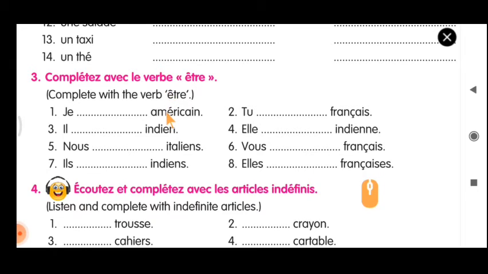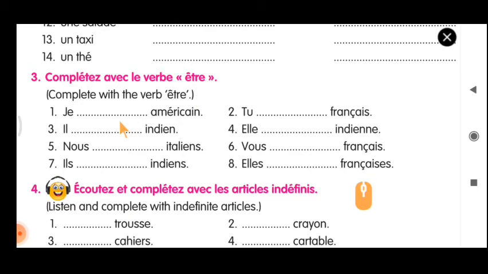And see what is given here: Américain, Indien, Italien, Indien, Français, Indien, Français, Française. So if you see, everything is a nationality. So when do we use this verb? If you want to tell your nationality, you can use this verb. And if you want to tell your profession also, you can use this verb. So that is what you must know. Because without knowing where to use, there is no use in learning the new verbs.